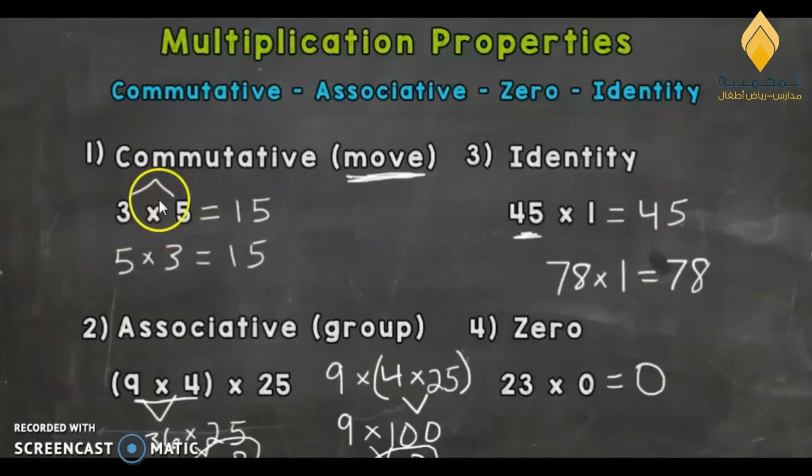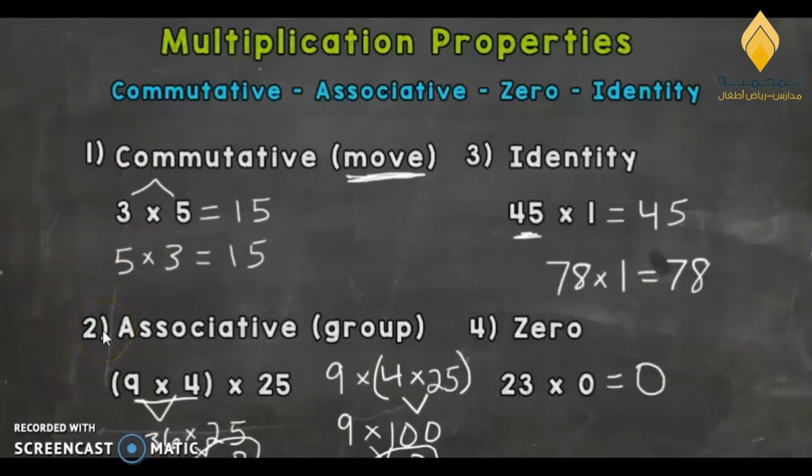We can reorder these two numbers: 3 times 5, we can write it like 5 times 3, which is equal to 15. Look, they are the same. So 3 times 5 equals 5 times 3. This is the commutative property.